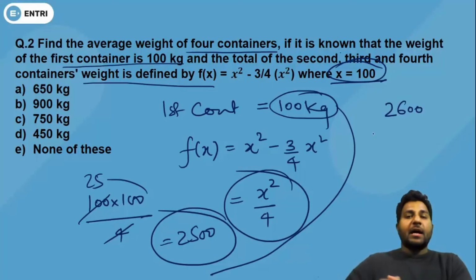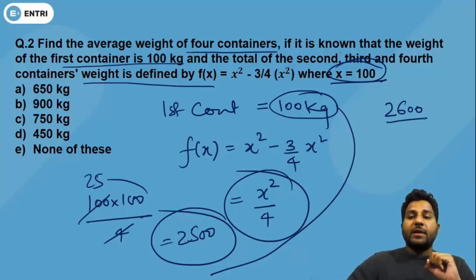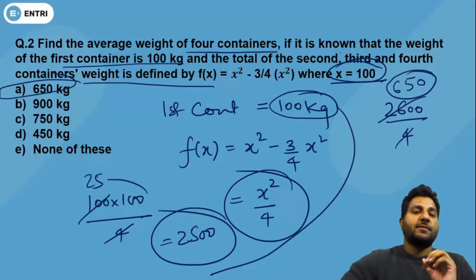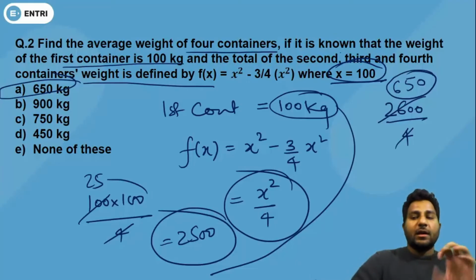And since they are asking about the average weight, you will divide it by 4. 4 6s are 24, 4 5s are 20. That means 650 will be the final correct answer. I hope you all have got the solution correctly.